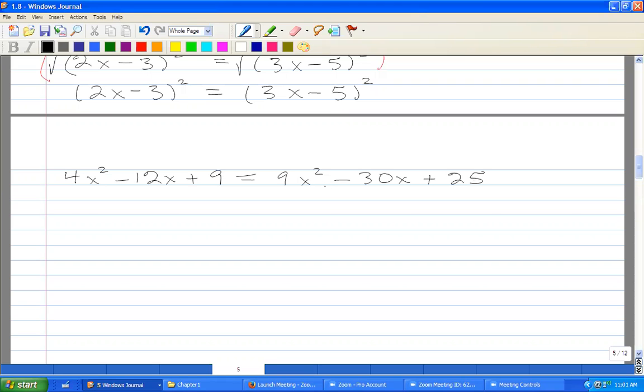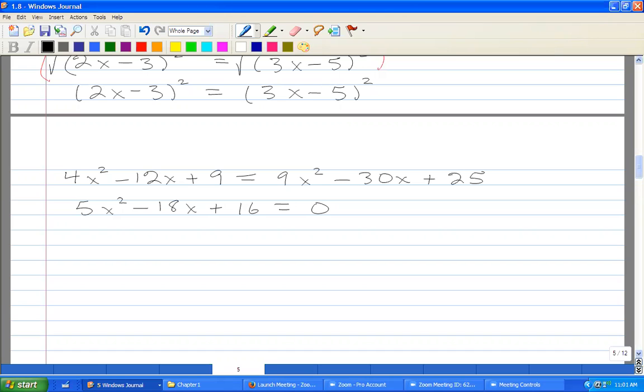Subtract 4x squared from both sides of my equation. Add 12x to both sides of my equation. Subtract 9 from both sides of my equation.